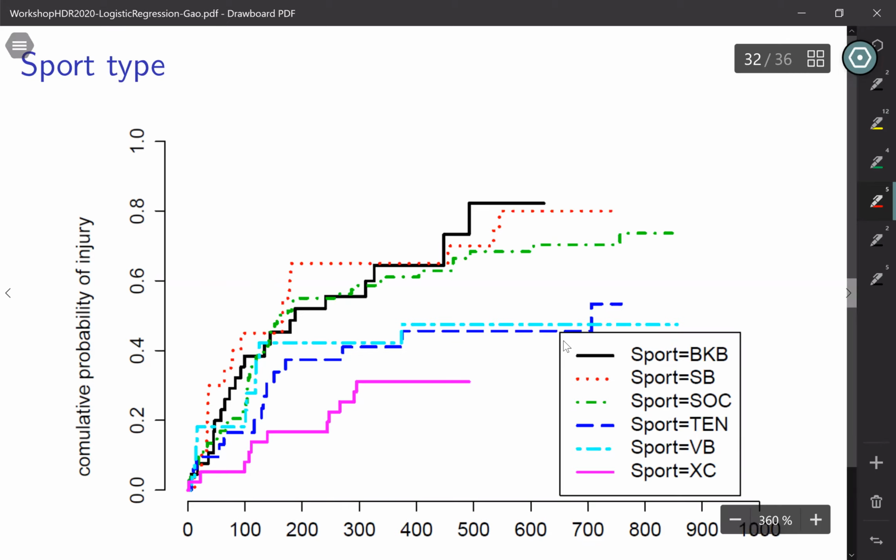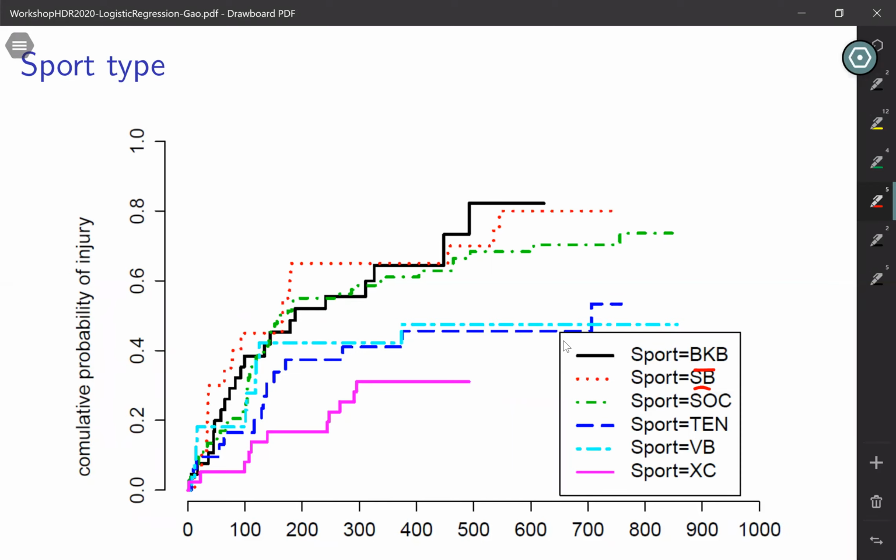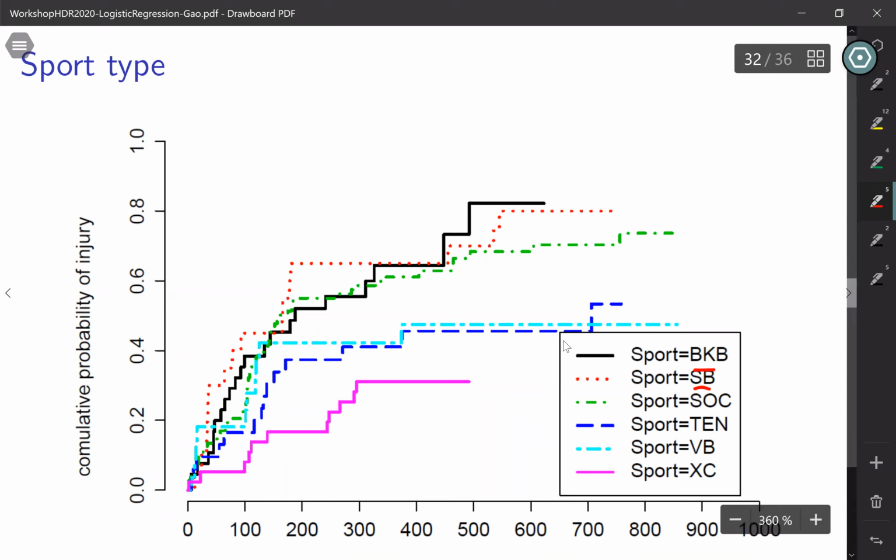There are all different kinds, like basketball, soccer, softball, tennis, volleyball, and cross country. By common sense, cross country is less likely to cause injury than football, right? So this makes sense too.